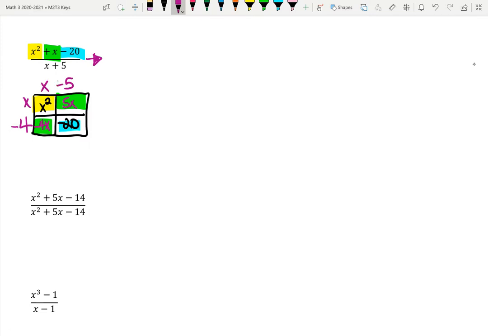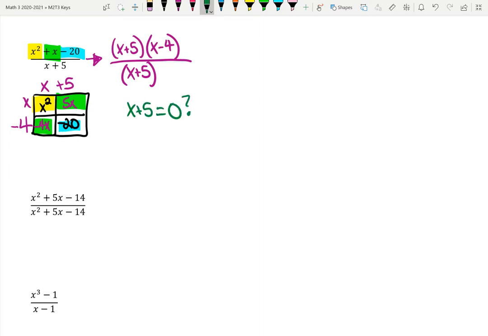What type of 5 is it? Positive 5. So I rewrite this as x plus 5 times x minus 4, all over x plus 5. If you want to get in the habit, feel free to put parentheses around it. It's its own group. Now, before I do any simplification, I need to ask myself, what number makes the denominator 0?